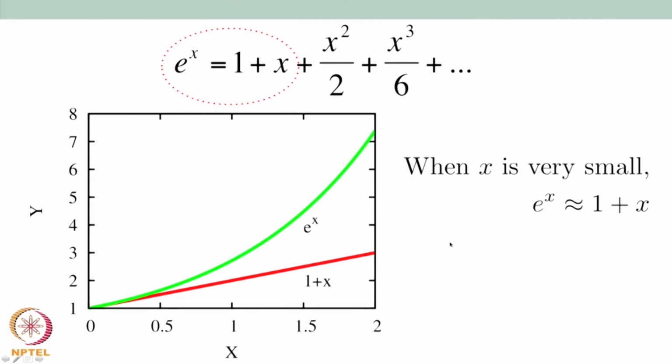So what does this tell us? This tells us that when x is very, very small, when x is close to 0, e power x is approximately 1 plus x. So here, very close to x equal to 0, e power x is 1 plus x.